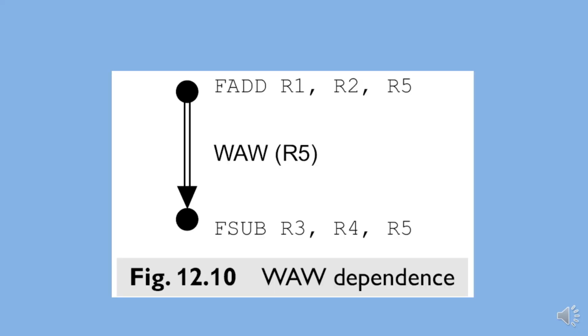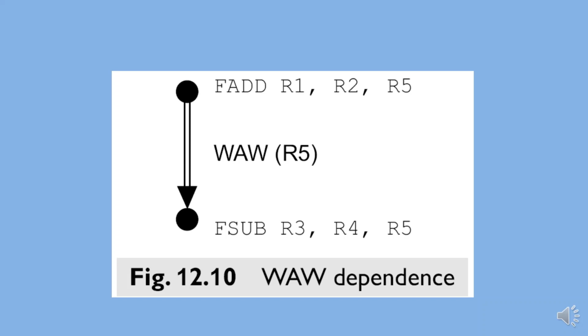For example, let's say that the instruction F add R1, R2, R5 is followed by the instruction F sub R3, R4, R5. Both these instructions are writing to register R5, creating thereby a WAW dependence, that is, output dependence, on register R5.